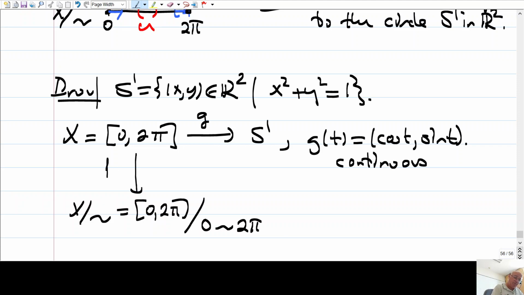Since they are identified, this is my quotient map F, sending a point to its image in the quotient space, or the equivalence class containing that point. We know that g is constant on the fibers of F because each equivalence class here contains only one point.